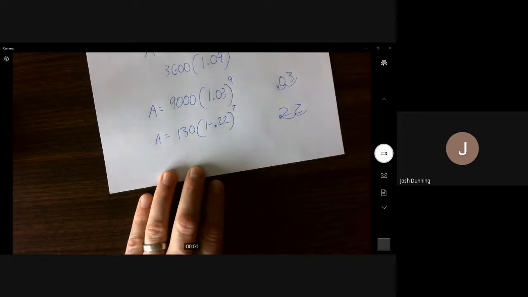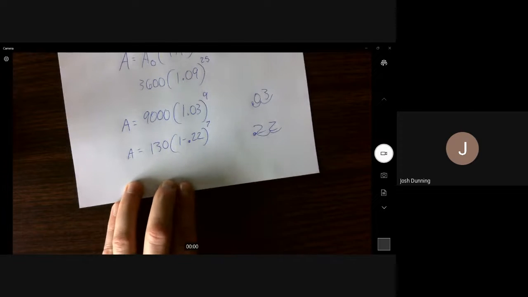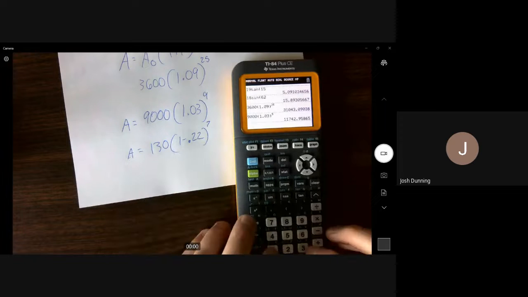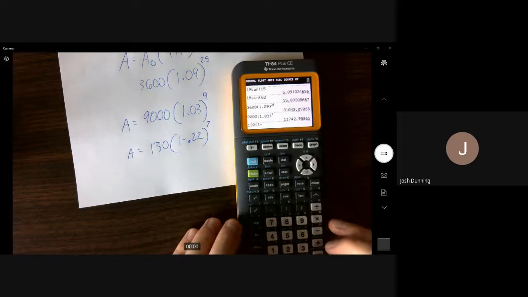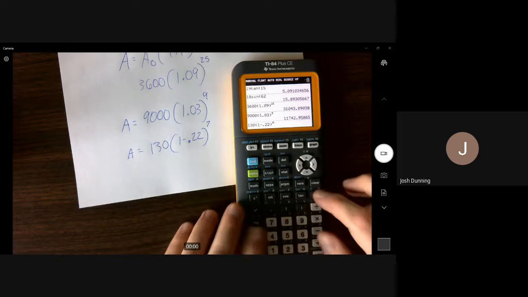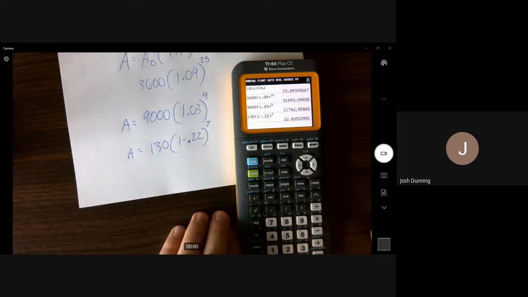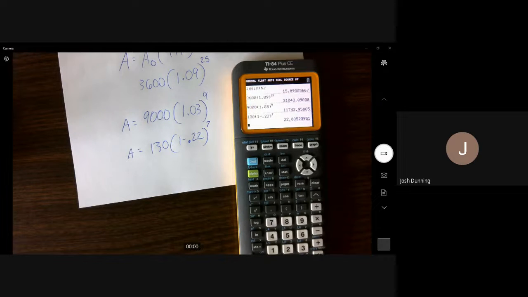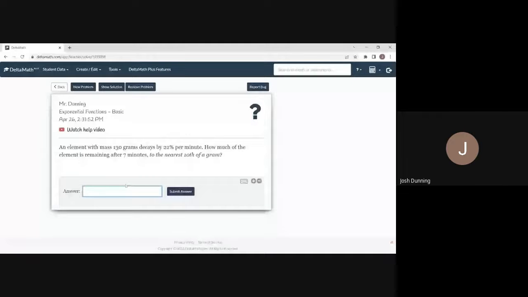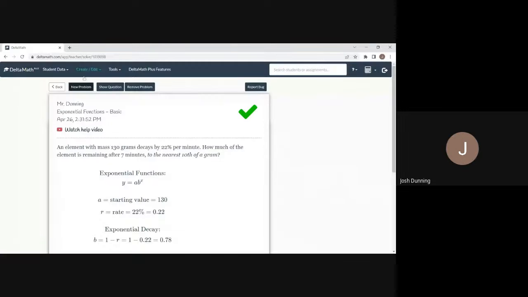Now, if you know that that's just 0.78, you can just write 0.78 down. When you plug it into your calculator, if you want to plug 0.78 in, that's fine. If you want to write just 1 minus 0.22, that's fine. Here's tenth of a gram, 22.8. And there we go.